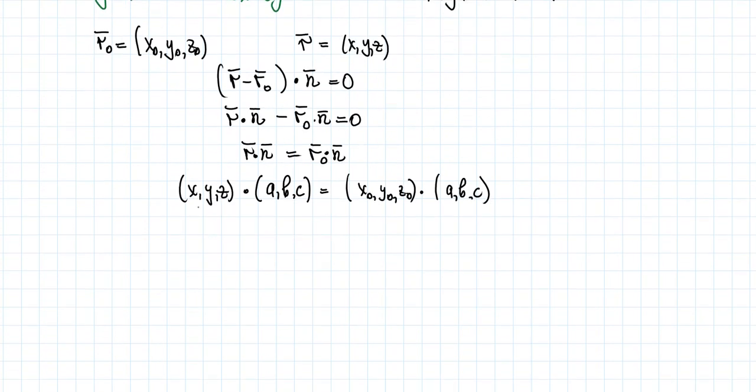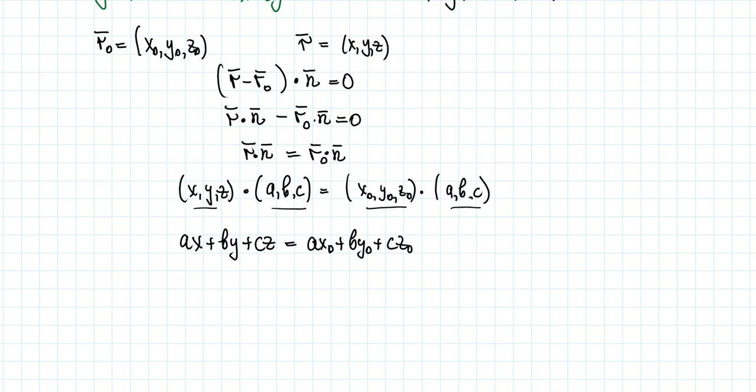If you take the dot product of r and n, the result is ax plus by plus cz, which is equal to ax0 plus by0 plus cz0.